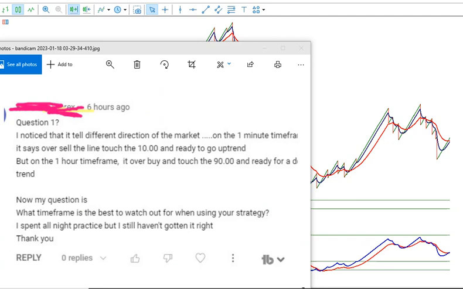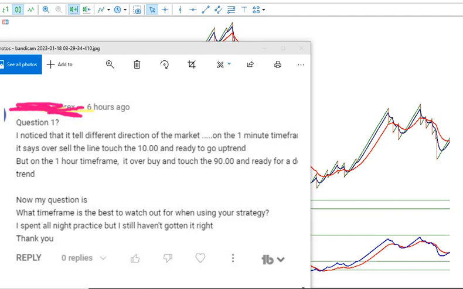He said, question number one, I noticed that it tells different directions of the market on the 1 minute time frame. It says oversold, and the line touches the 10 and is ready to go uptrend.